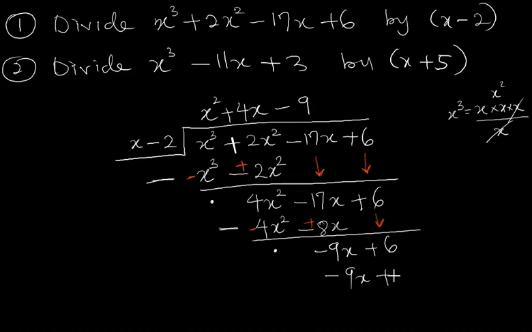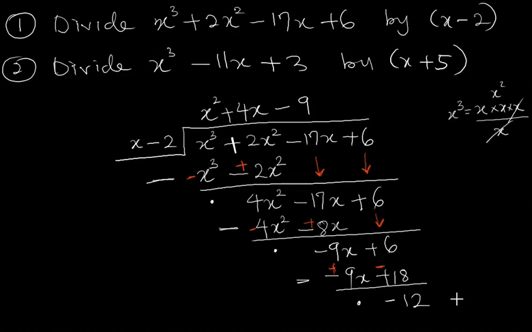We have plus 18. Again, we subtract. This time around, the minus sign changes to plus because of this minus, and the plus sign changes to minus. So we can add this value. Minus 9x plus 9x is 0, plus 6 minus 18 will give us minus 12.